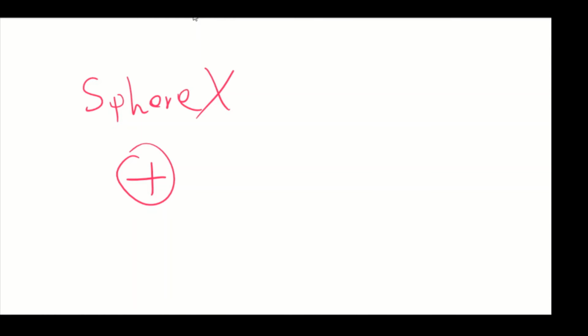Now, for us to draw the electric field, we need to indicate our spheres. So we have sphere X, which is positive, and sphere Y, which is negative, right? And I said that field lines go from positive to negative, right?